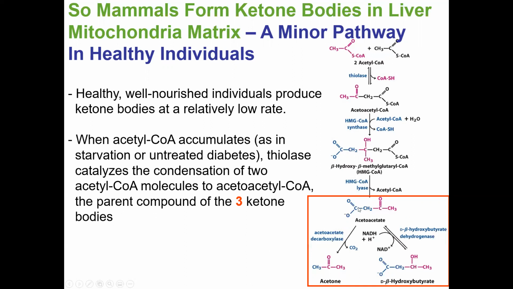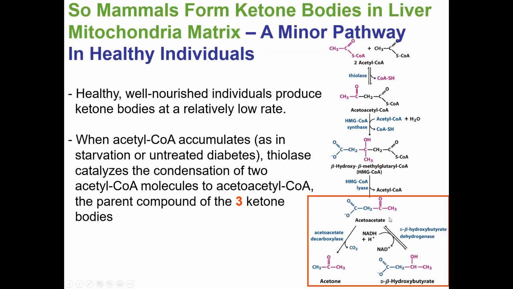Acetoacetate is one of the 3 ketone bodies. 2 of the 3 ketone bodies can be utilized as fuel. One is simply called ketone bodies, but is actually not a fuel. So acetoacetate can be converted into beta hydroxybutyrate by beta hydroxybutyrate dehydrogenase.